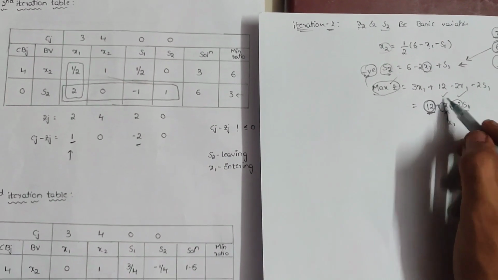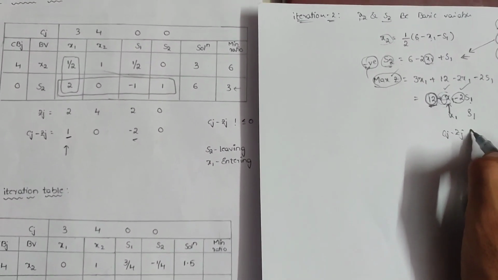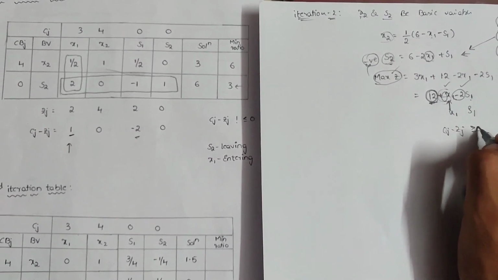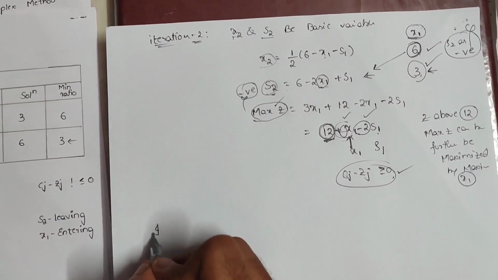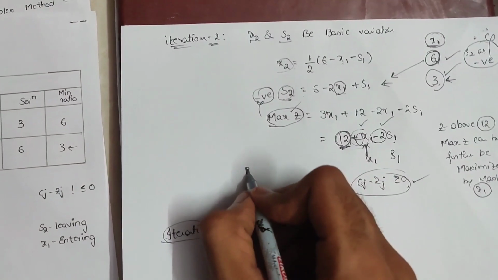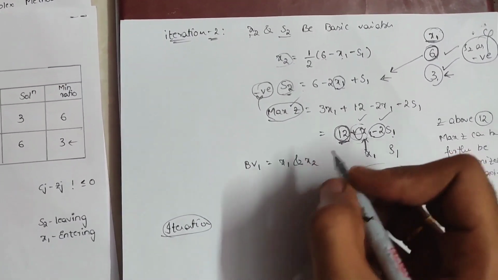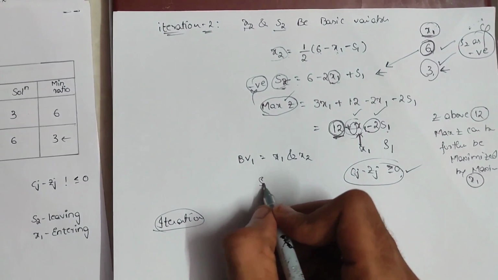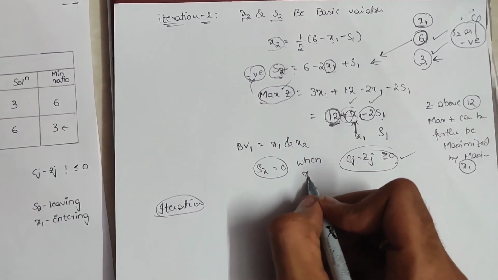So we can further maximize as Cj minus Zj is greater than or equal to 0. Now for iteration 3, the basic variables will be x1 and x2, as s2 becomes 0 when x1 is 3.